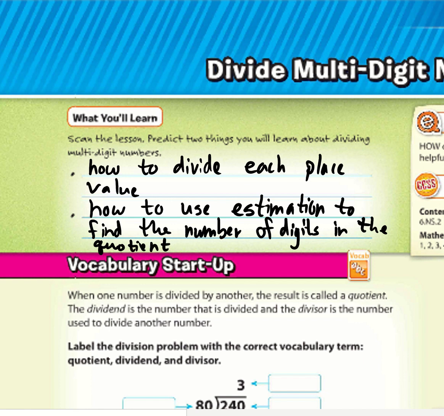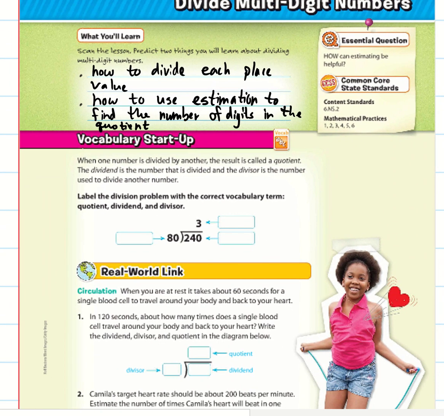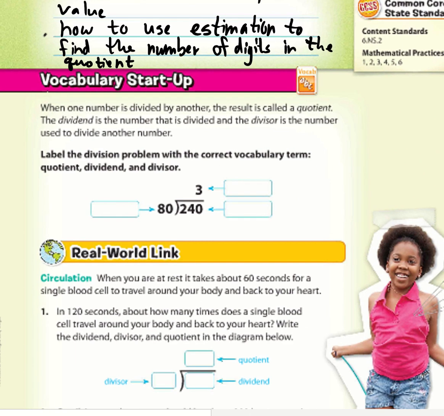Just a reminder, a quotient is the answer to a division problem. So, vocabulary startup: by looking at the problem, we know the answer is the quotient. The dividend is inside, and the divisor is outside. I cannot even spell divisor.